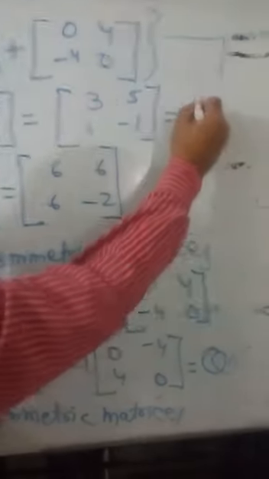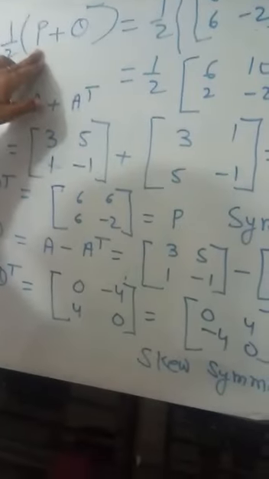That is the same matrix A. That means the sum of the symmetric and skew symmetric matrices gives the original matrix.